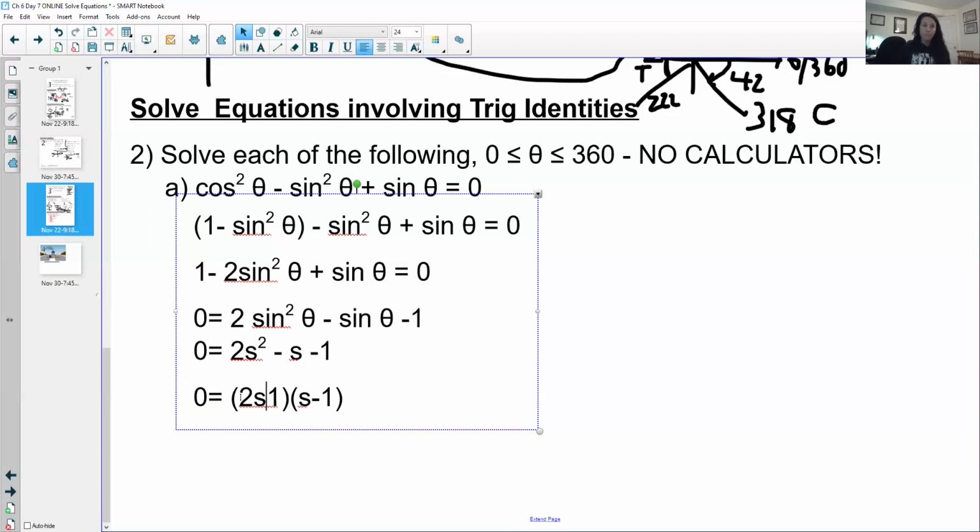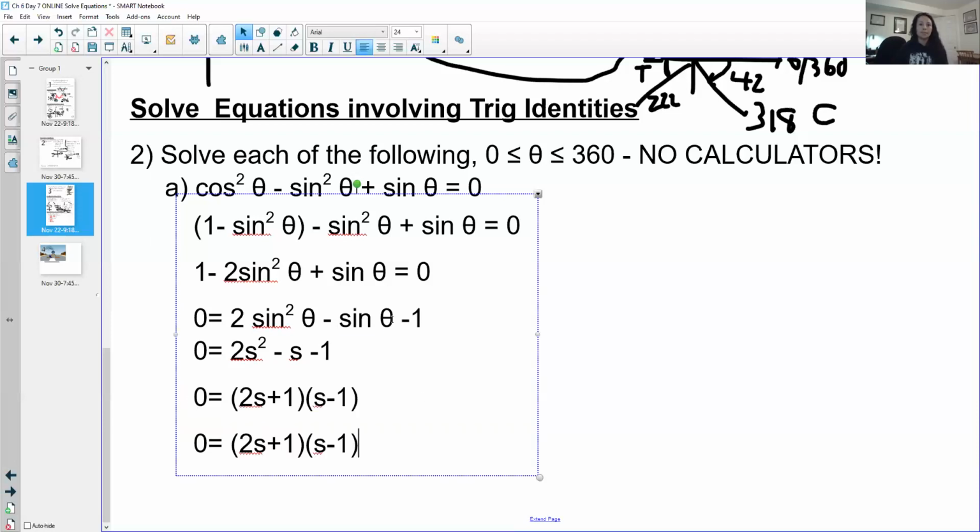This one here, you can guess and test until you get it, but the positive sign goes with the bracket that has the 2. All right, now remember this S represents sine theta, so let's just rewrite this now. I'm going to replace all of my S's with sine theta because that's really what was supposed to be there.